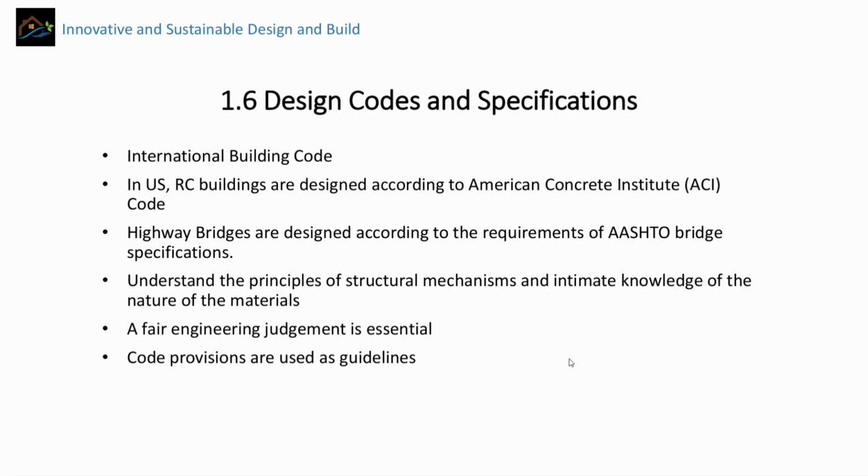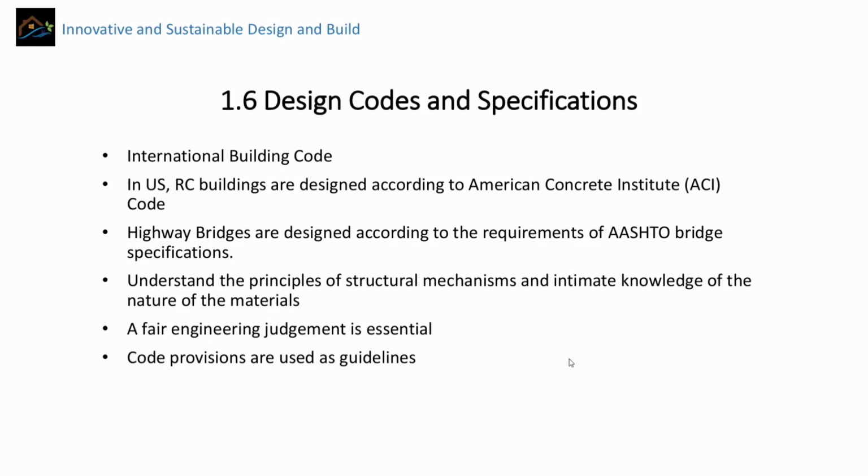However, understanding the principles of structural mechanics and intermediate knowledge of the nature of materials are very important when we design these structures, and therefore fair engineering judgment is essential. The codes and provisions are used as guidelines.